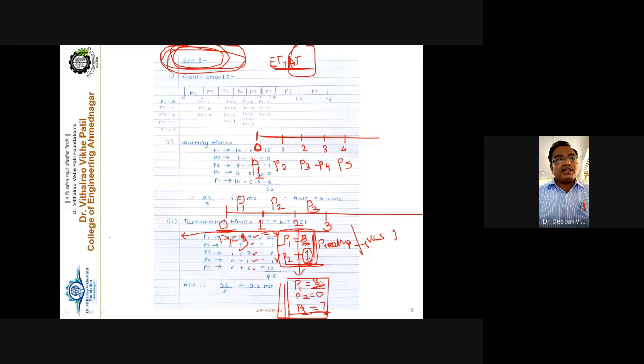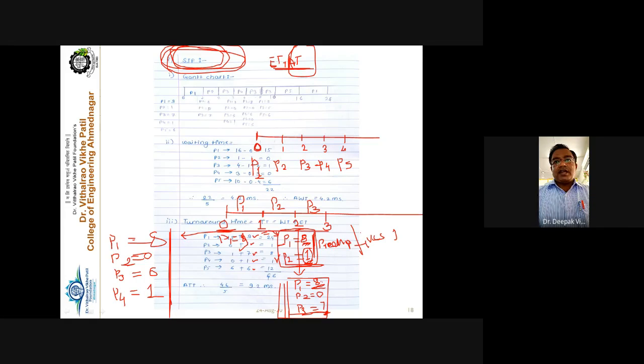How many processes are there here? At the third millisecond, P1 is 8, P2 is 0, and P3 is 6, because 1 millisecond has already been executed for P3, and a new process arrived, P4, which requires an execution time of 1.